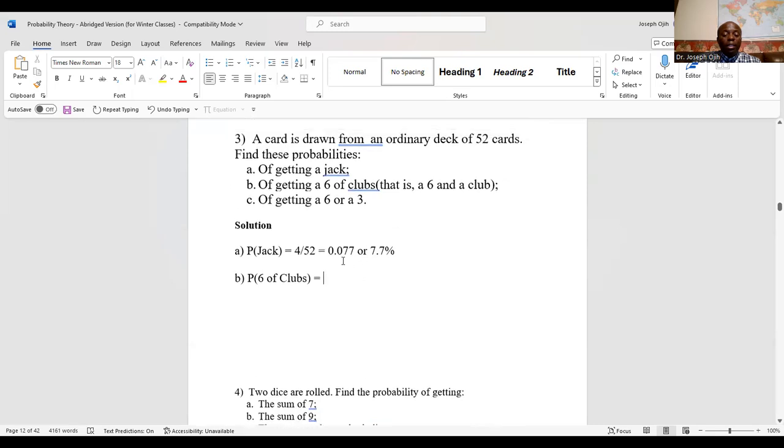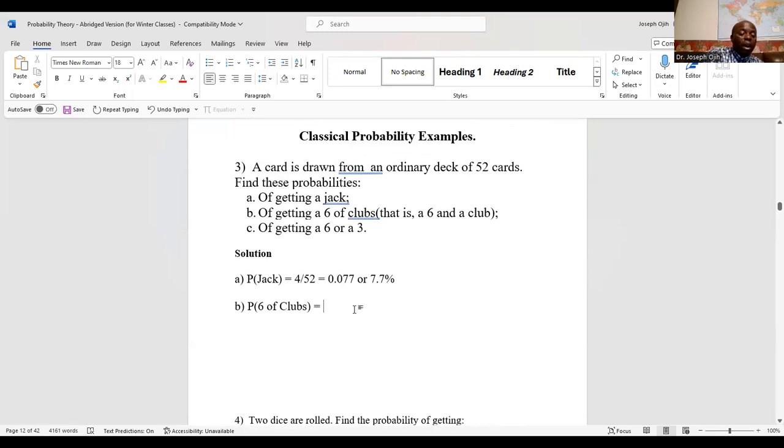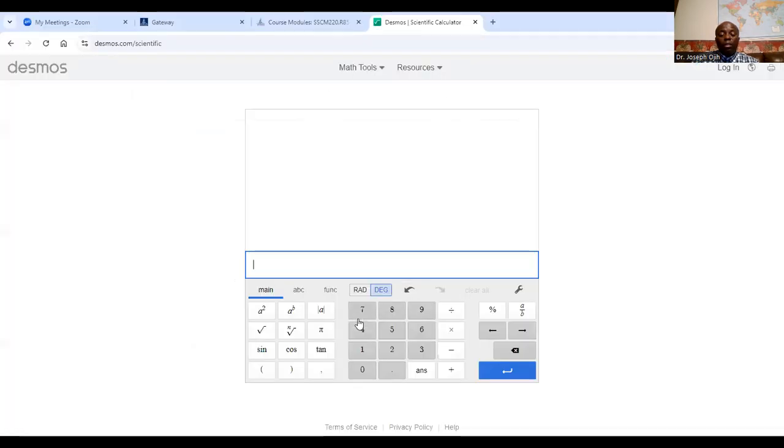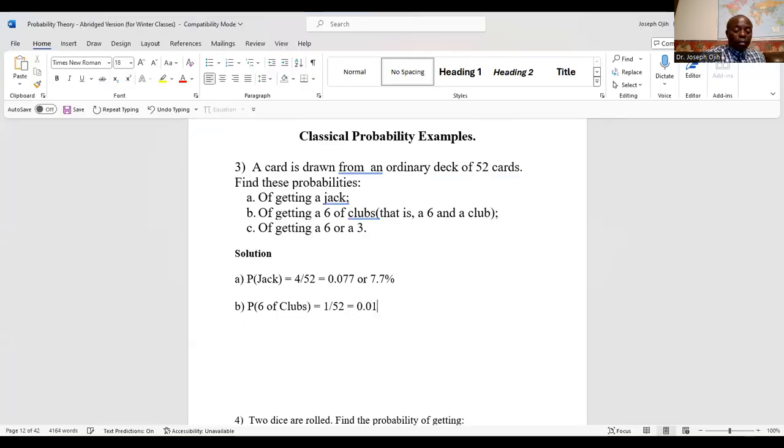So the probability of getting a 6 of clubs is 1 out of 52. On the calculator, 1 divided by 52 is 0.019, or you can call it a 1.9% chance of getting a 6 of clubs.